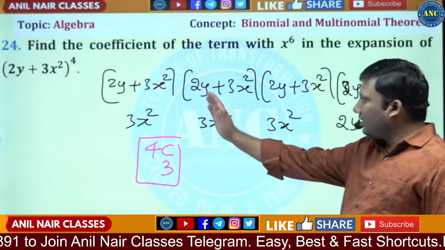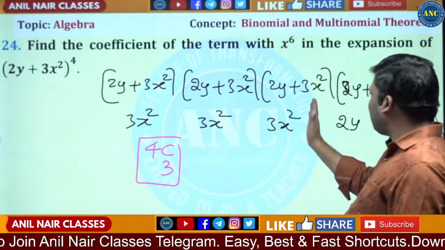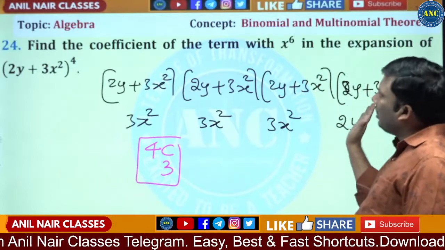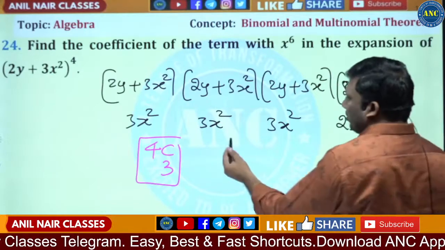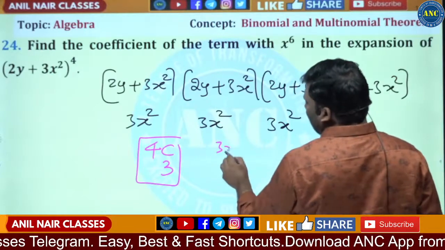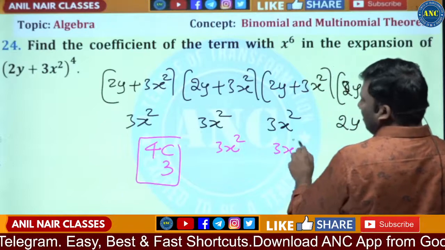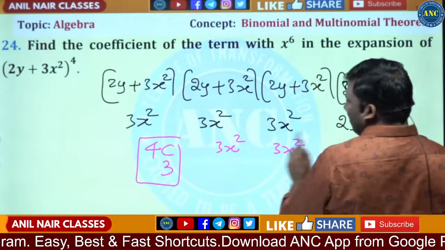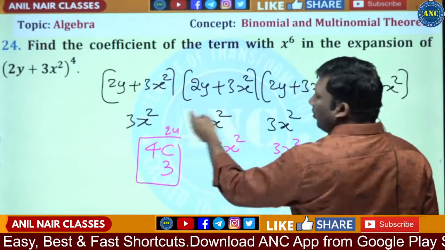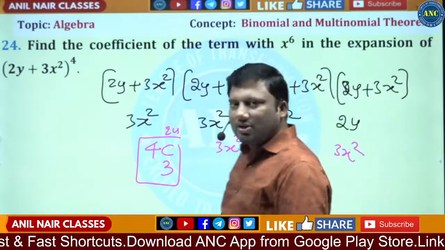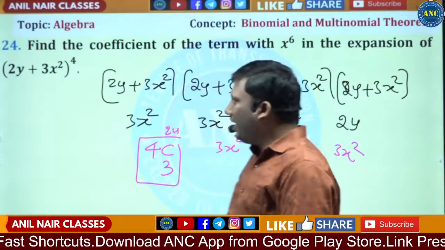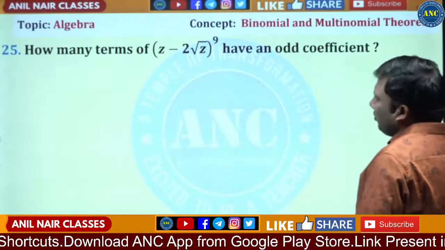So if I take 3x^2, 3x^2, 3x^2 into 2y, am I getting x^6? Yes. So 4C3. Out of 4 terms multiplied, I need to select any 3. I hope the idea is very clear to you.